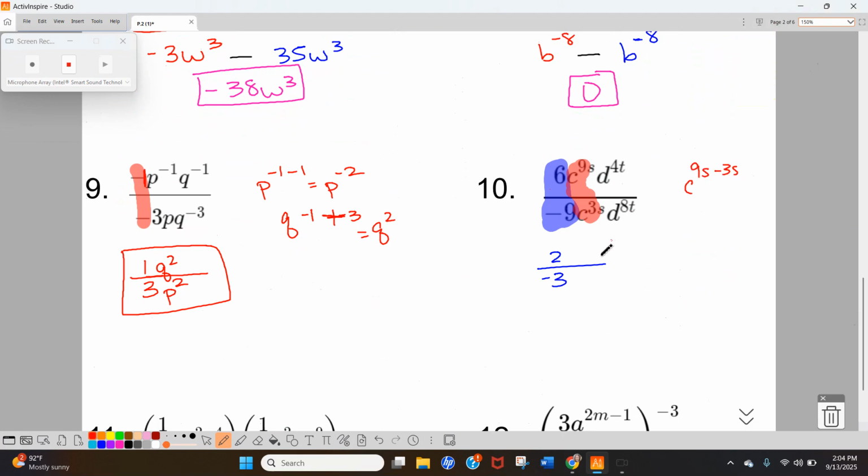So that would give us C to the 6s. And then for the D's, you have 4t minus 8t, which gives us -4t. So we'll stick it on the bottom.